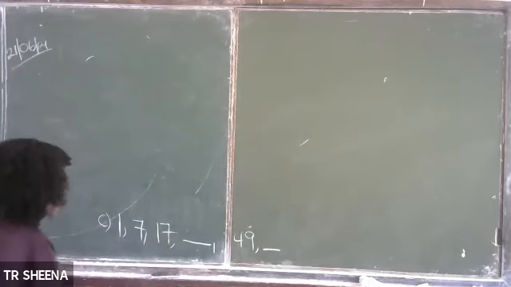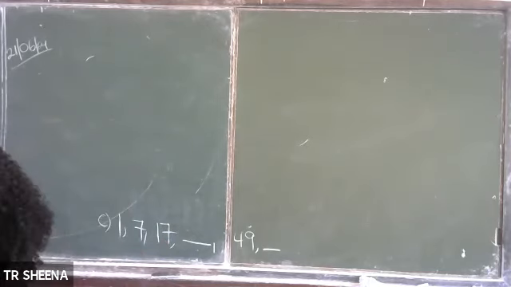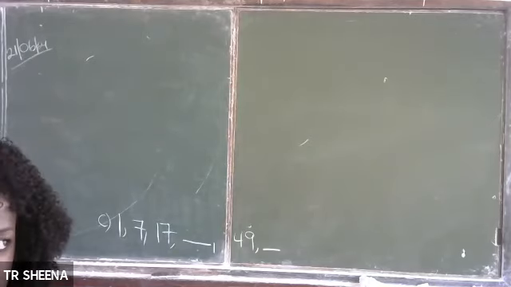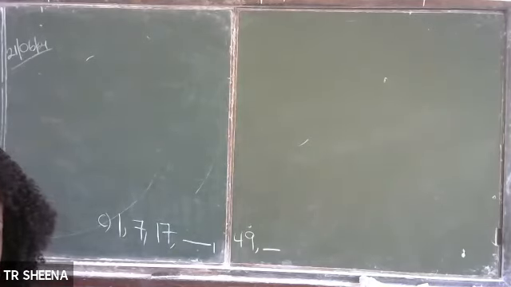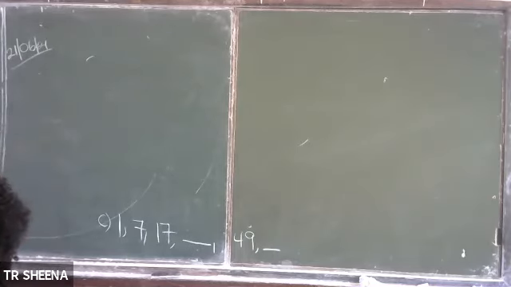In order to get the sequence, you're supposed to keep on adding 4 to the numbers which you subtract, like 7 minus 1 is 6, 17 minus 7 is 10, 31 minus 17 is 14, 49 minus 31 is 18.